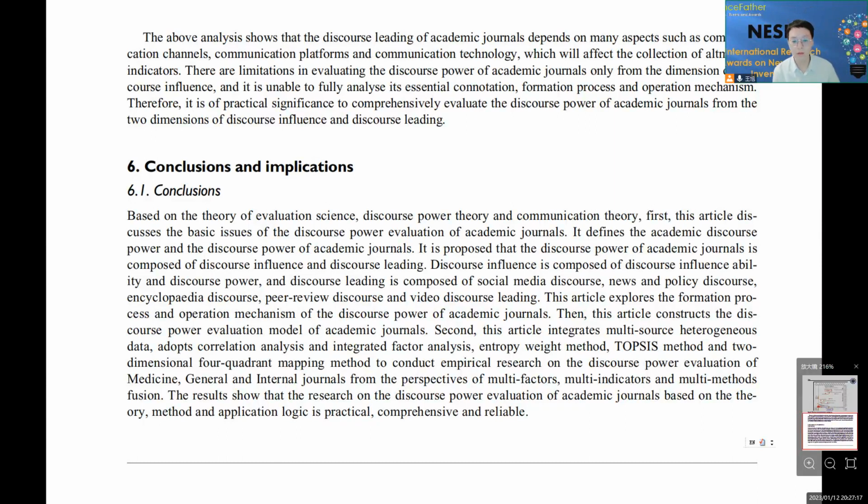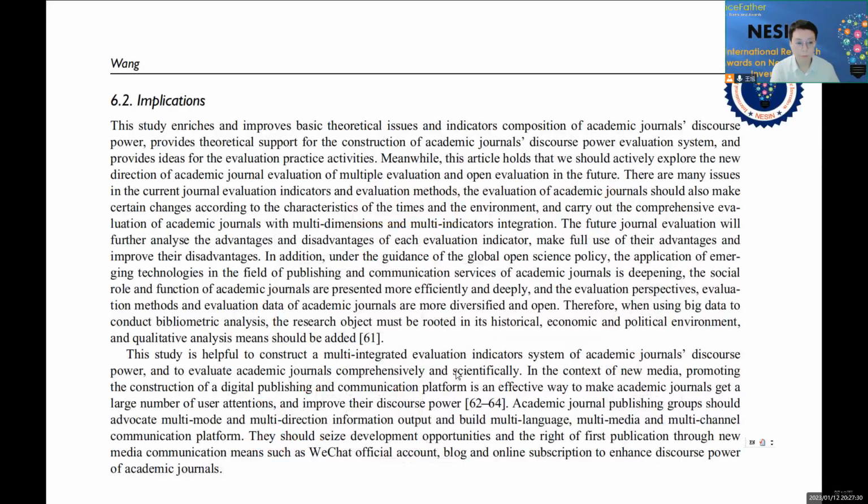These results show that the research on the discourse power evaluation of academic journals based on the theory, method, and application logic is practical, comprehensive, and reliable.